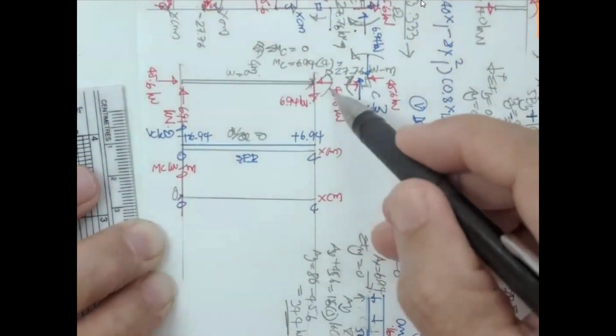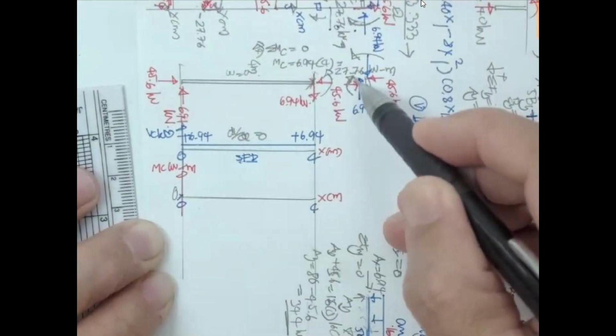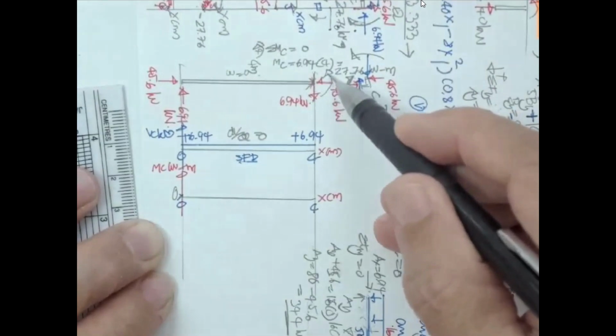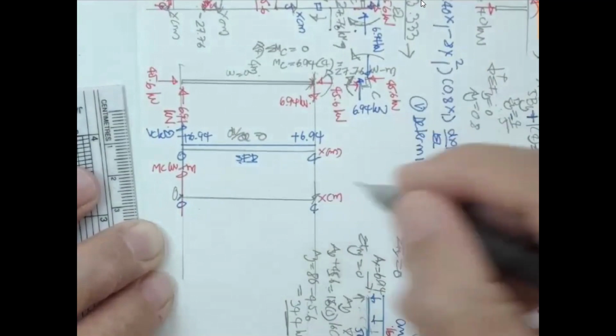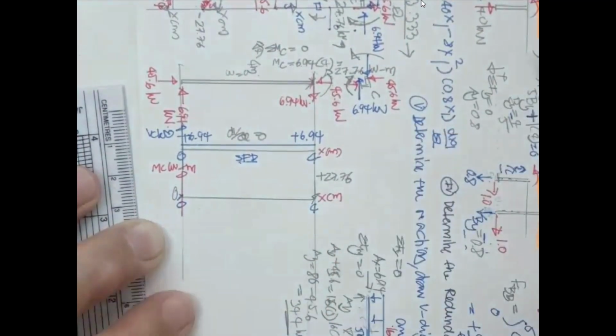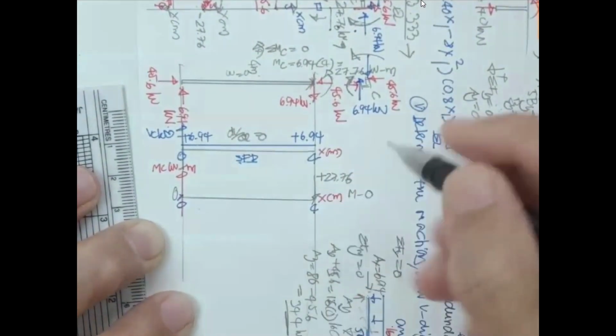And come over here, 24.46. Okay, this is going to be negative. It's going to take this one down. Okay, this one is going to be 27.76. M over here minus 0.